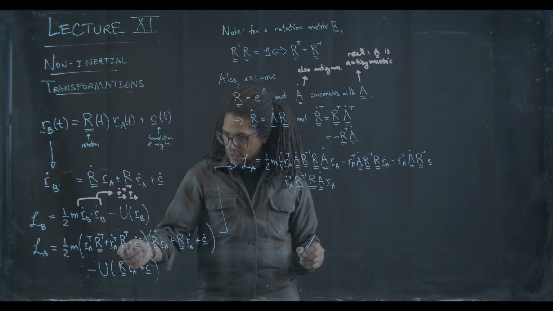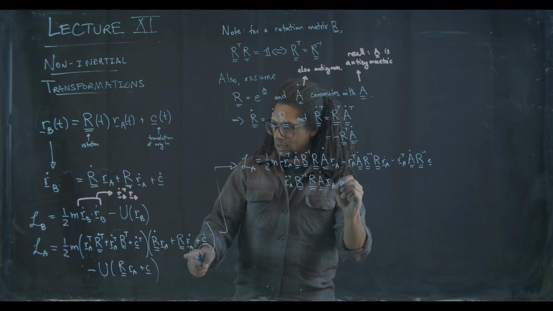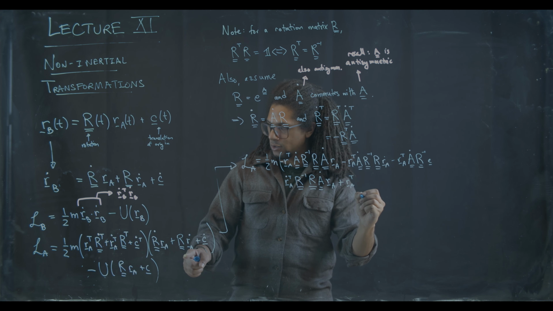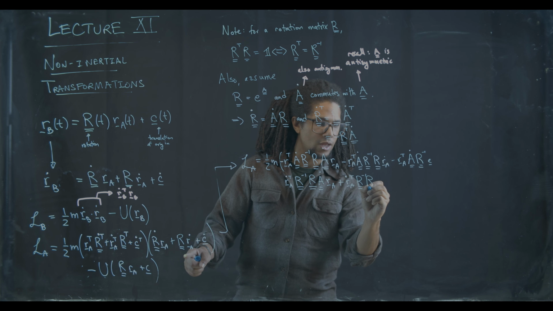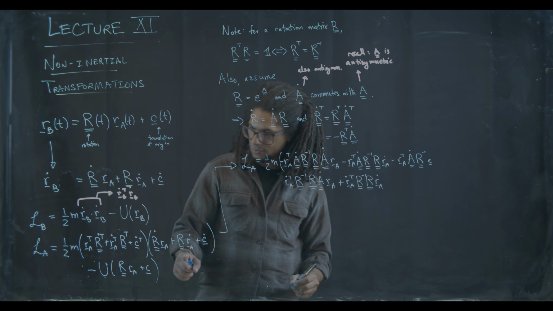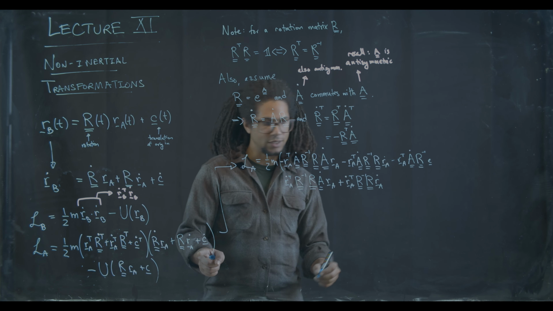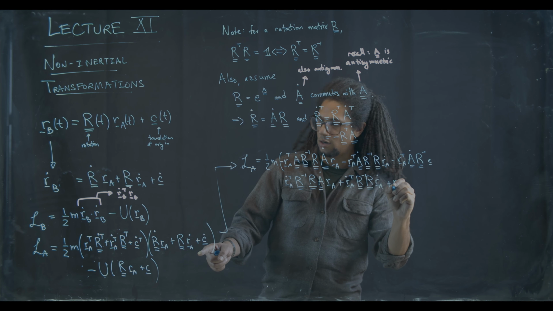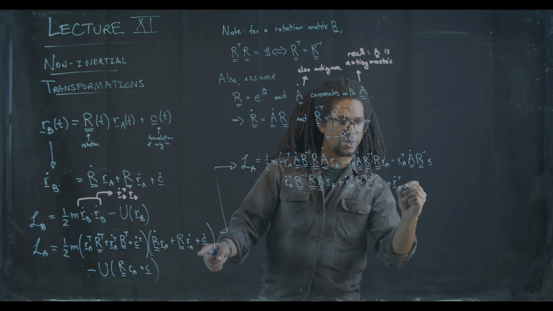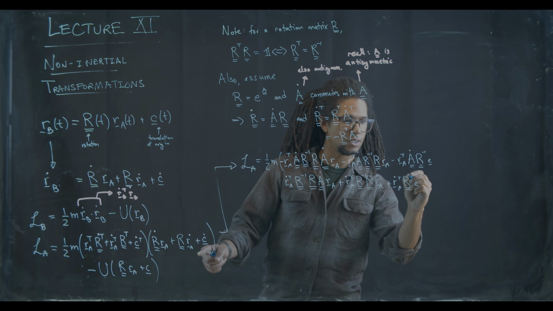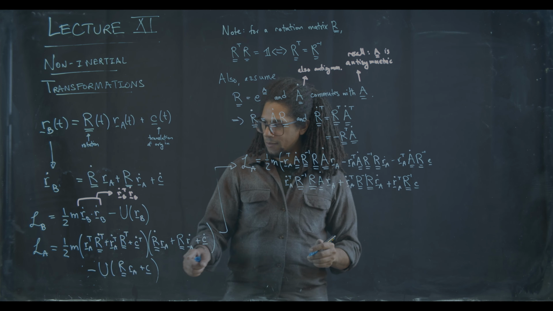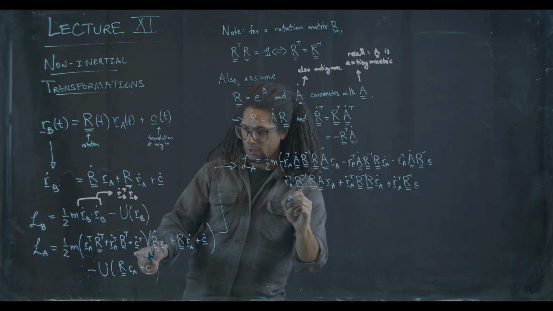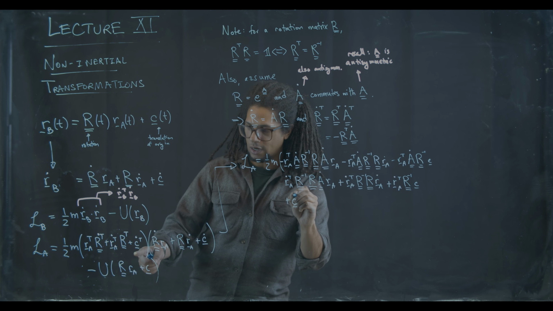Then next, I have this times this, which is just RA transpose R inverse times R dot, times RA dot. Good. And then lastly, this times C. So then that's plus RA dot transpose times R times R inverse, times C. Great. Okay, then lastly, I have all of these terms. So I have plus C dot transpose.